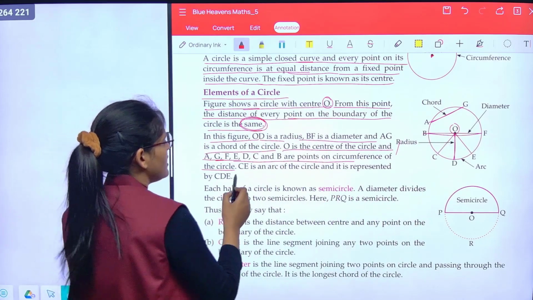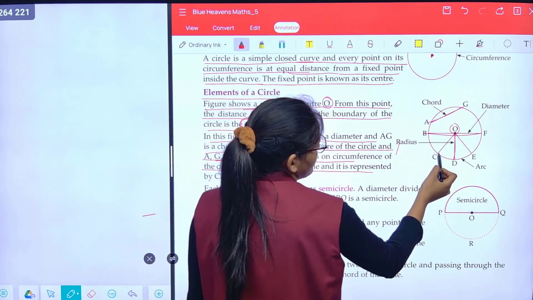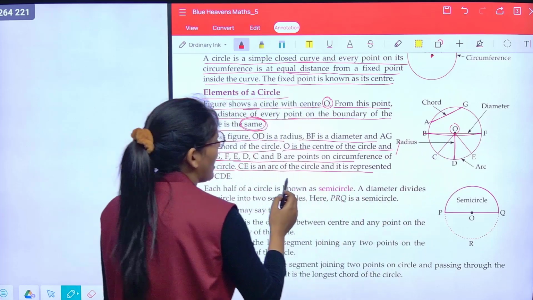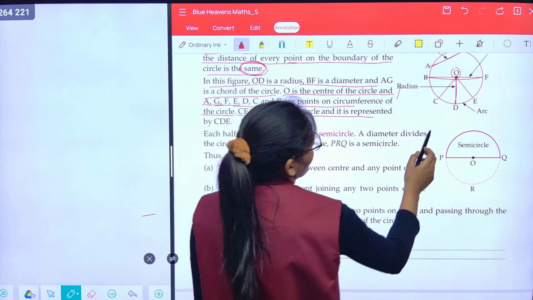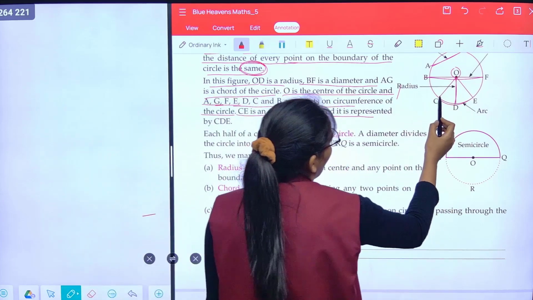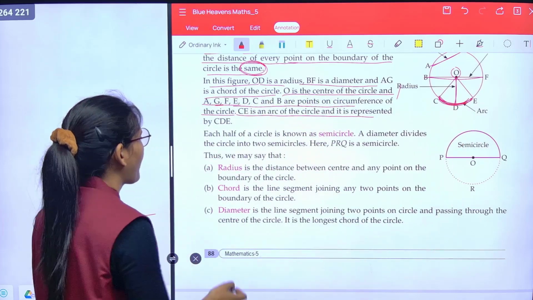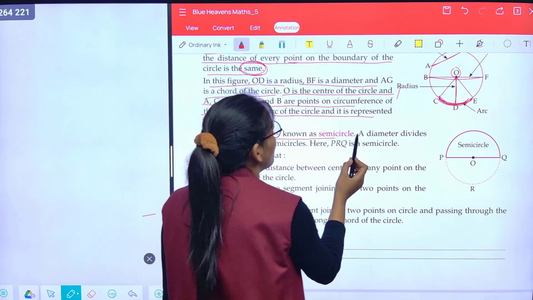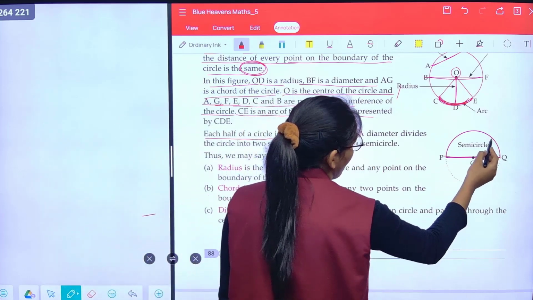Understand? CE is an arc of the circle. It is represented by CDE. Each half of a circle is known as a semicircle.